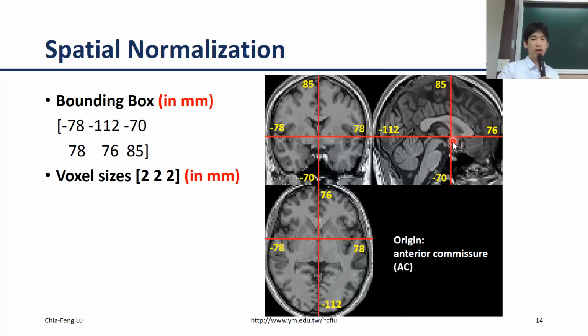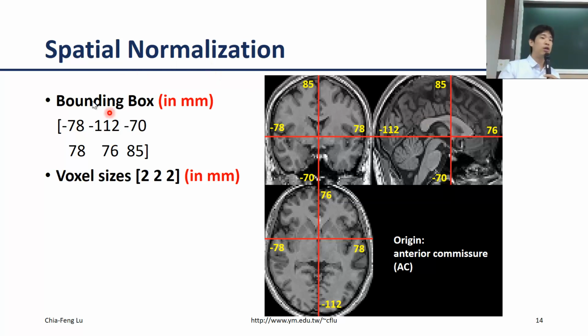You can see there is the commissure. Commissure means the merging or the combination of some kind of things. So you can see here is one structure, and there is another one. They meet each other at this intersection, this specific point, and this is called the anterior commissure. This point will serve as the origin point after the spatial normalization.